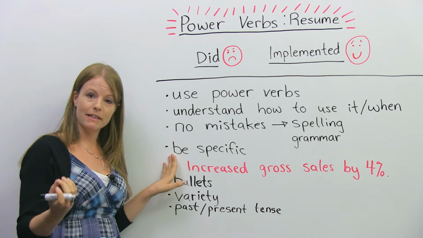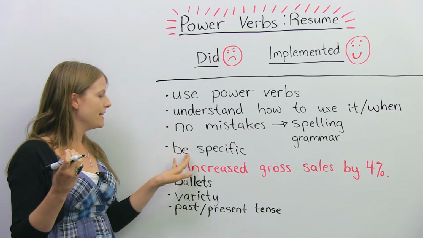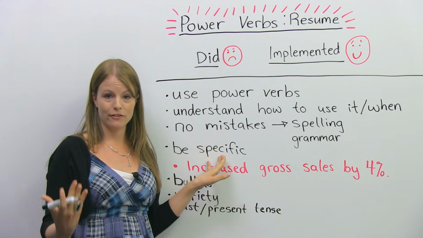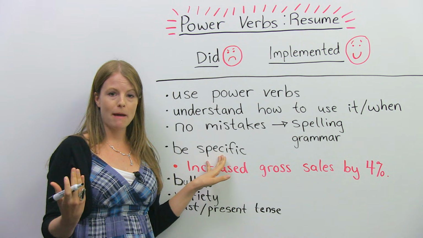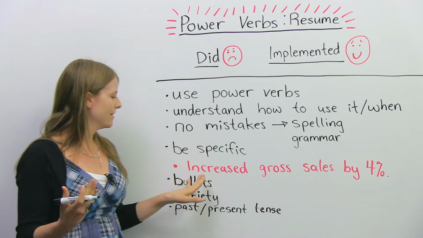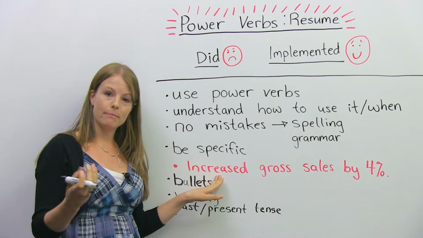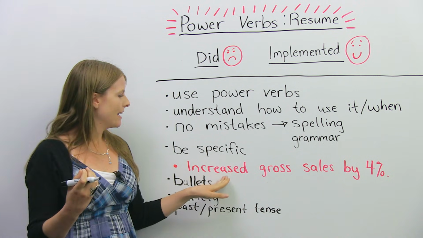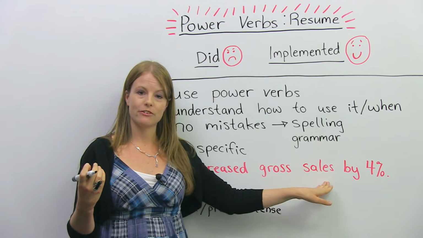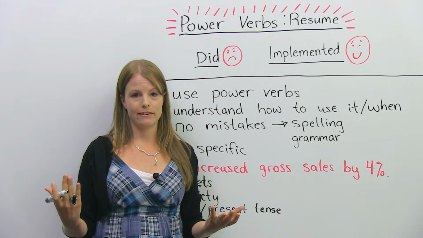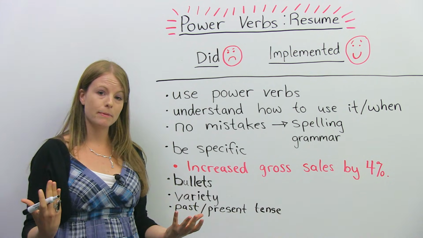The next piece of advice I have for you is to be specific on your resume. So when we are using power verbs, for example, I have here a power verb, "increased." "Increased gross sales by 4%." So you might see this on a resume. And now how is it specific?